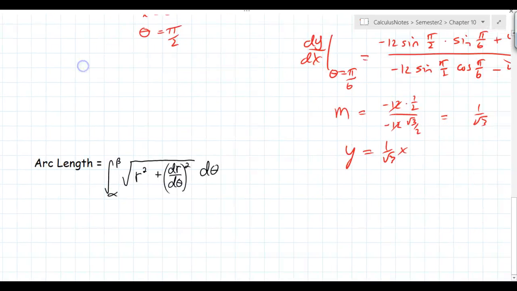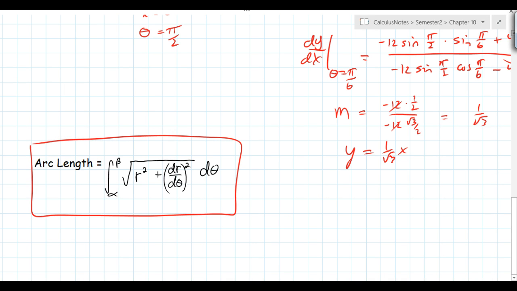And then the last thing is just another arc length formula to add to our list. Remember, we already had the Cartesian equation for arc length, which was the integral from a to b of the square root of 1 plus dy dx squared dx.